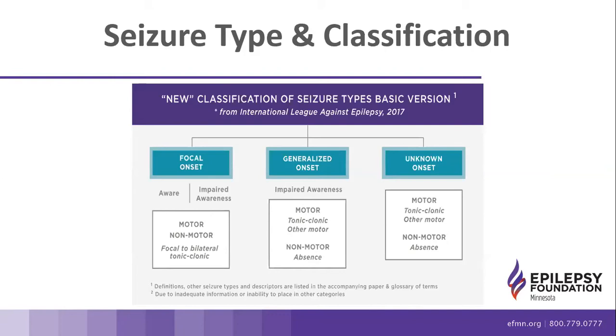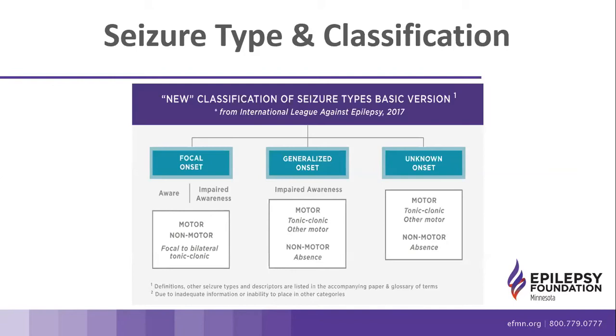And then in the unknown onset bucket, oftentimes when a person has unknown onset, it is in the beginning of their diagnosis where they haven't been able to determine, are these actual focal seizures, are they actually occurring across their whole brain? So sometimes in that very beginning phase of being diagnosed, the physician will say that we do not know the onset yet. So you are in that unknown onset category.